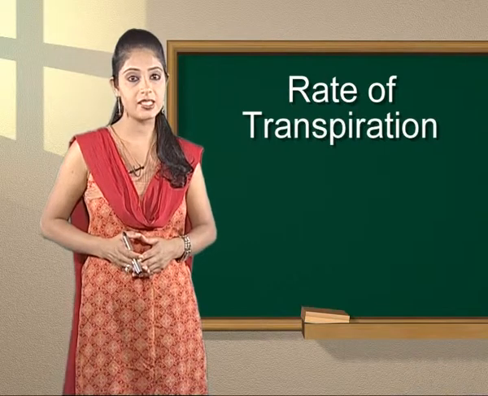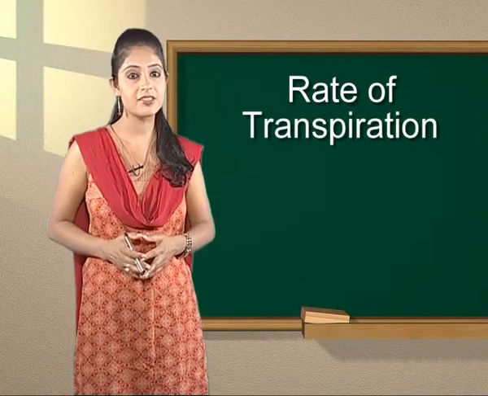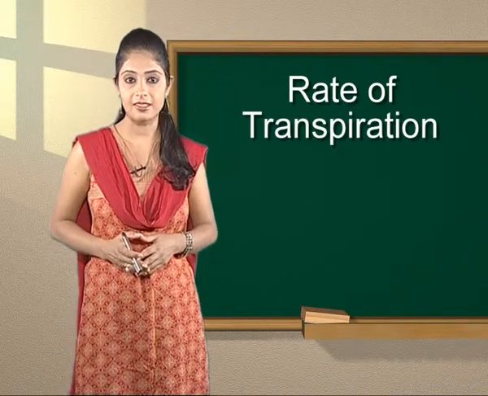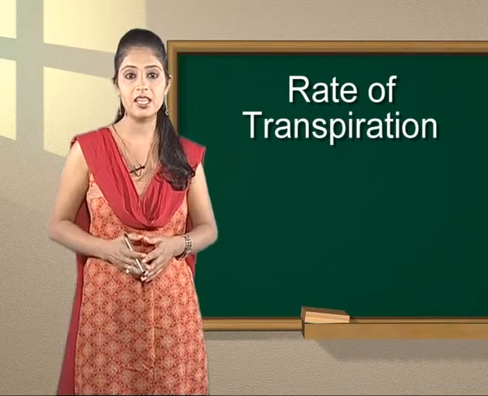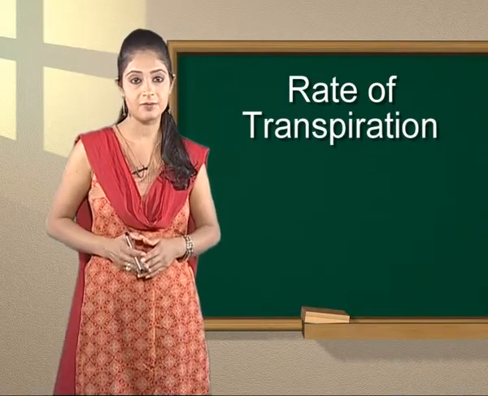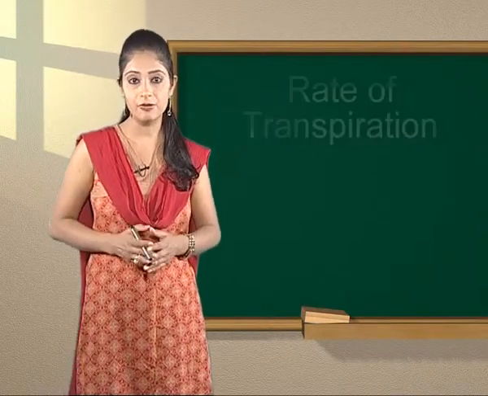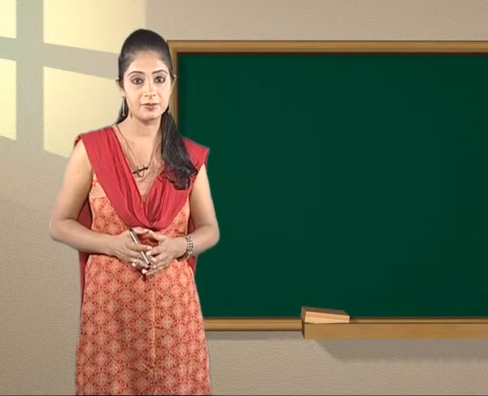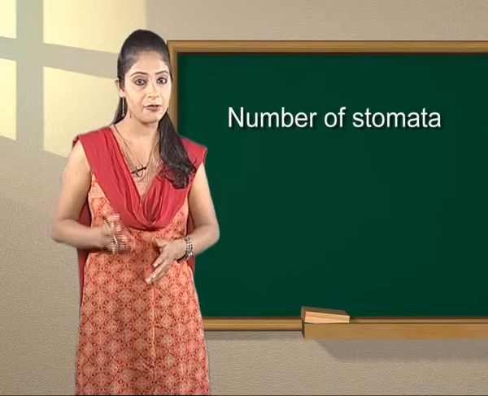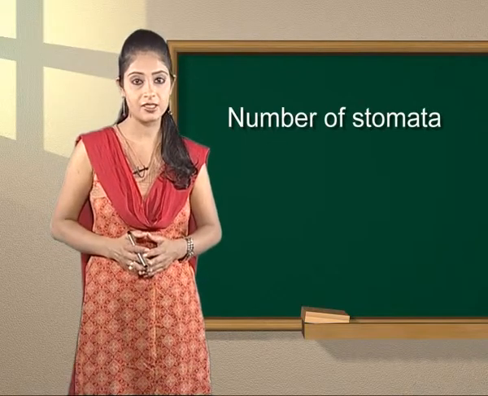The next question is, what are the factors responsible for transpiration? Answer: transpiration is the loss of water from leaves of plants. Water leaves the leaf through stomata. Number of stomata on surface of a leaf affect the transpiration rate.